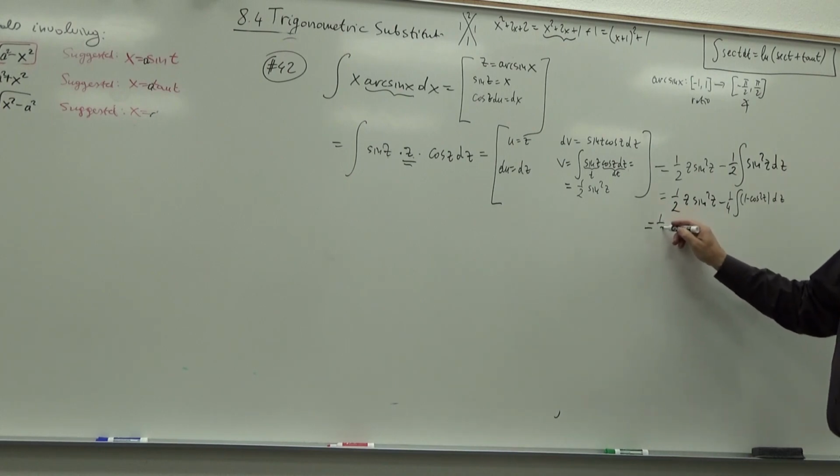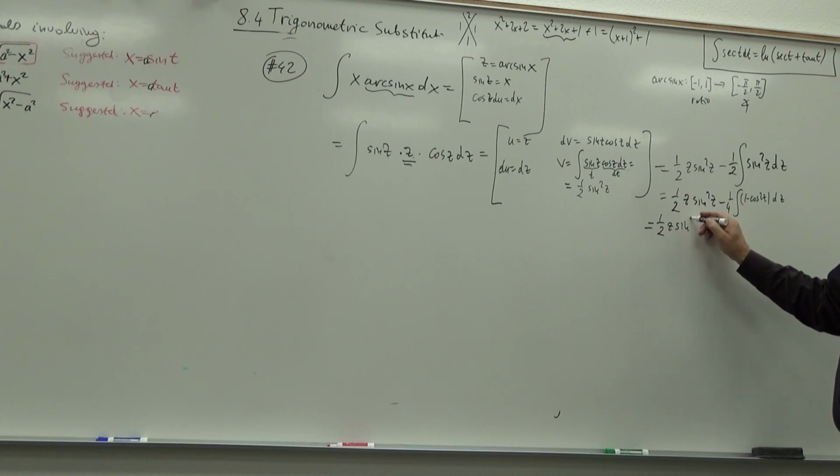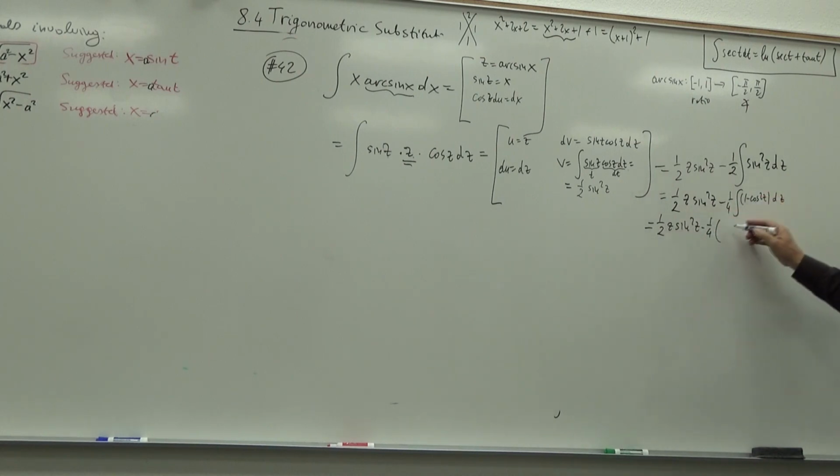So we're almost there. 1/2 z sine squared z minus 1/4 times the integral of 1, which is just z. The integral of cosine 2z is 1/2 sine 2z, with linear corrections, plus c.